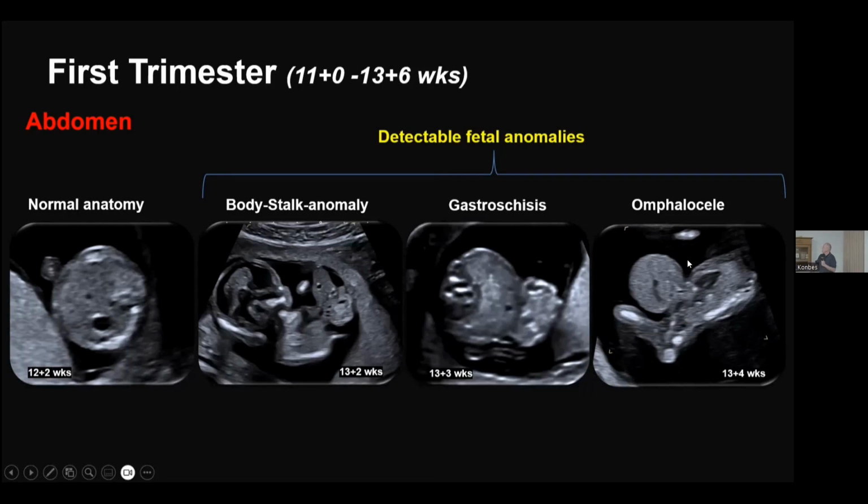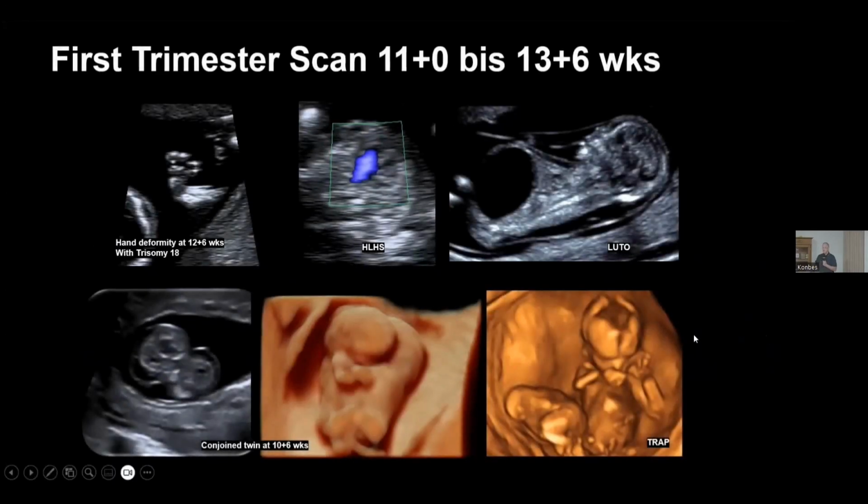And the difference to omphalocele is that this baby has a higher risk for chromosomal abnormalities, especially trisomy 21 and trisomy 18. So we have to evaluate the karyotype of these babies. And then if the baby is fine, it has a good prognosis.